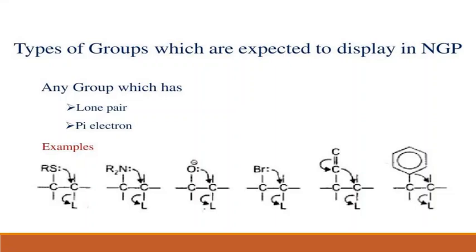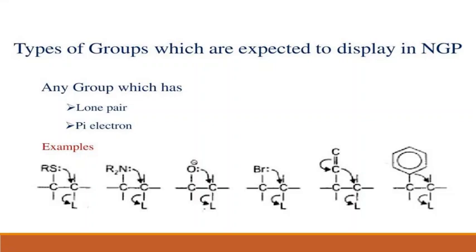For example, here I am showing one example with thiol, alkyl thiol. So thiol has sulfur and it has a lone pair of electrons. When the C-Cl bond substitution takes place, the sulfur atom, as it has a lone pair of electrons, can donate and act as a neighboring group and facilitate the substitution reaction.